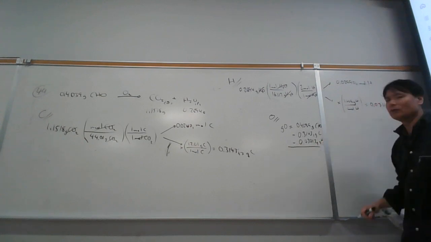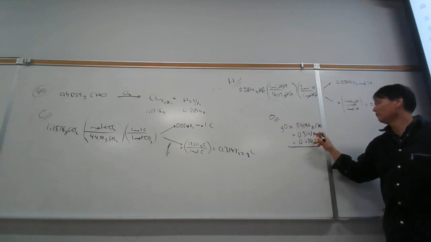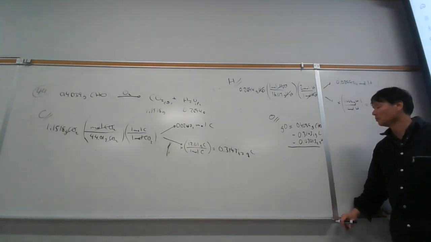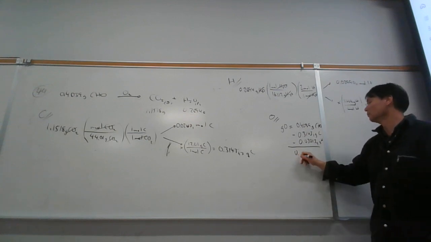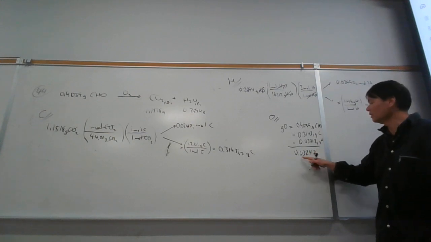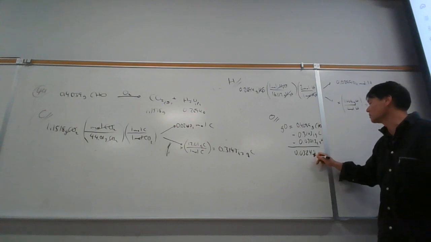That's going to give me the grams of oxygen. Can somebody do the subtraction here? Almost done. 0.05247. Yep, okay, thanks. We're only allowed 4 decimal places or 3 sig figs here, so I'll subscript that.